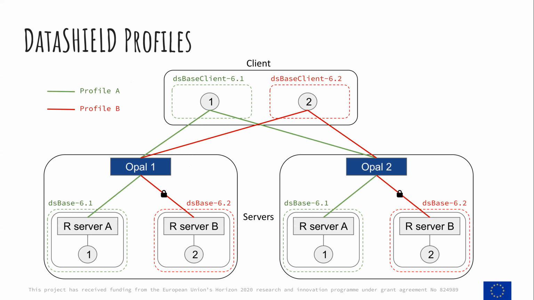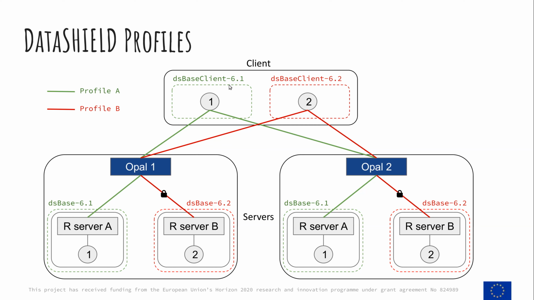And the idea is that, for instance, there is a new version of dsBase that is coming. So let's say, for instance, that on the client side, you have your analysis that were built with the dsBase 6.1, then all the DataSHIELD infrastructure maintainers have prepared different profiles for dsBase 6.1 and dsBase 6.2 in each of the nodes.